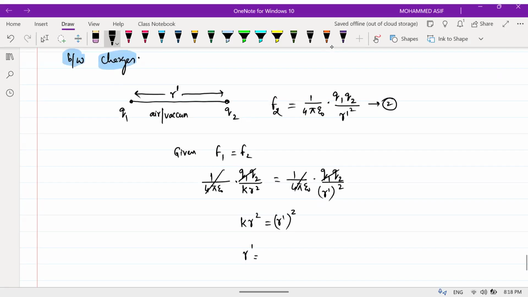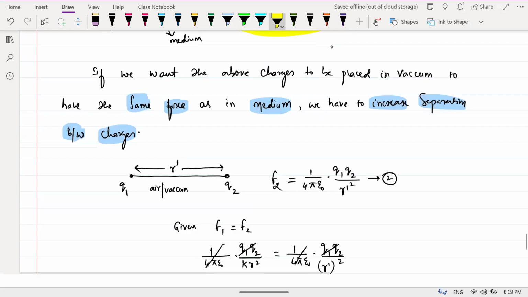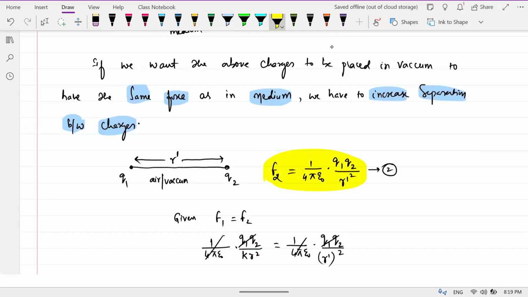Yes, it is kept in medium. So when it is in medium, the force between them is 1 by 4 pi epsilon naught Q1 Q2 divided by K into R square. Now when it is kept in vacuum, then F2 is equal to 1 by 4 pi epsilon naught Q1 Q2 divided by R dash square. Now given in the problem, F1 is equal to F2.